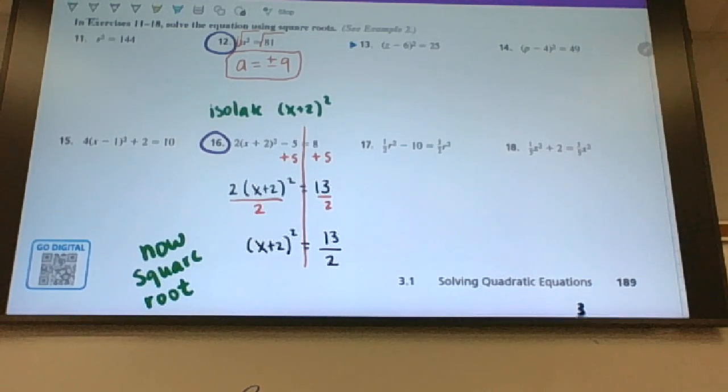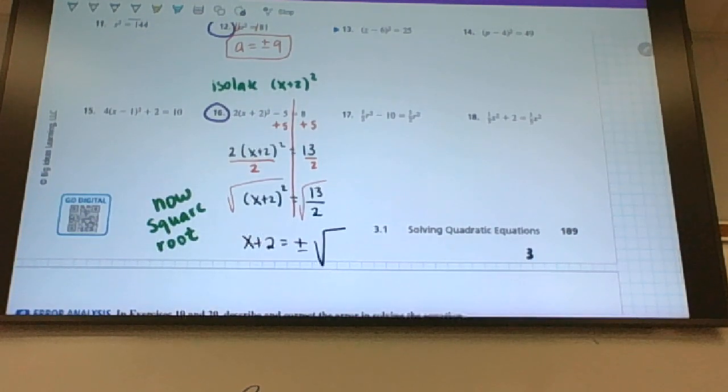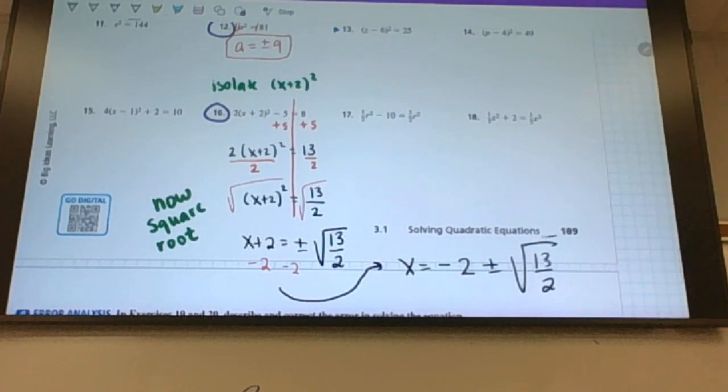Just keep it a fraction. When you square root, the parentheses go away. And then you want a minus 2. And that's how your answer is going to look for today. So we're going to leave it.